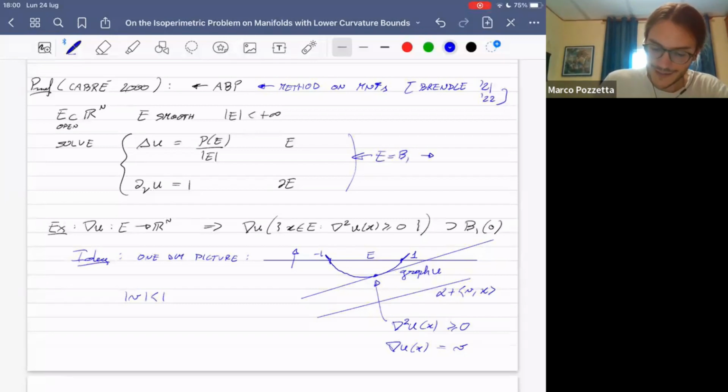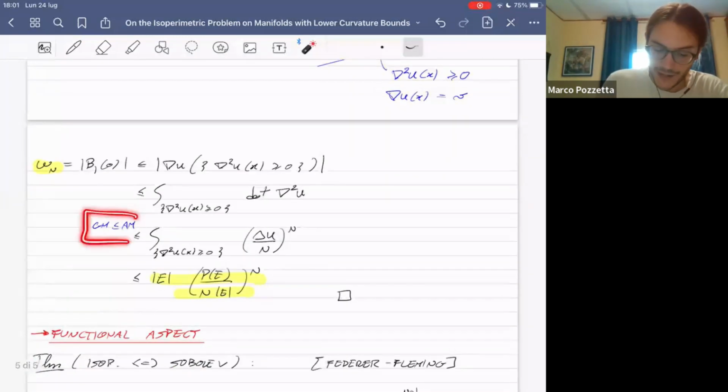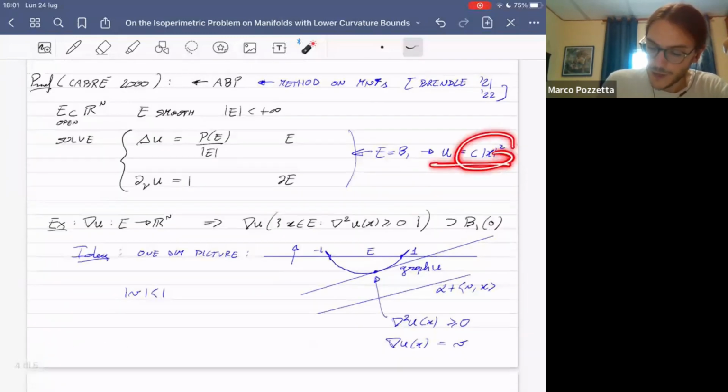If E is the ball, then the solution is something like U equal to some constant times the parabola, and then you realize that this is precisely the only function achieving equality when you apply the geometric arithmetic mean inequality. So if you have equality in the end, you obtain the rigidity because you have equality in the arithmetic and geometric mean inequality. Then you conclude that your function U is x squared, and then you can conclude that E is exactly the ball.